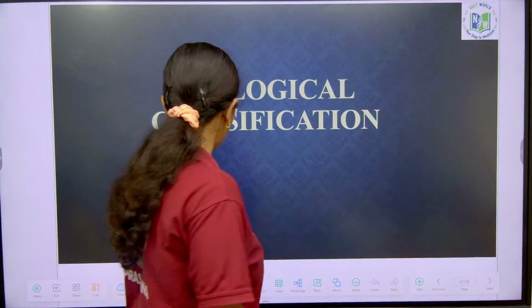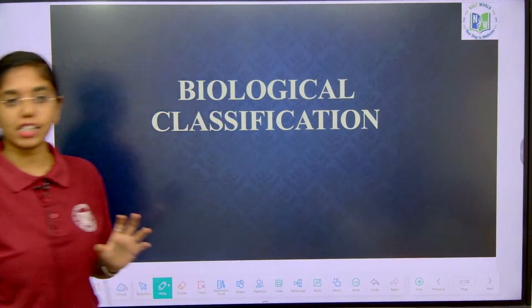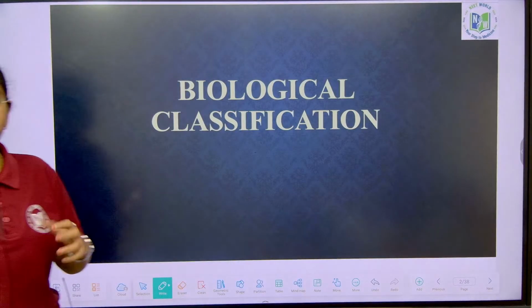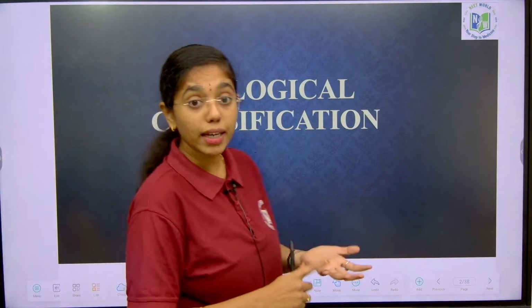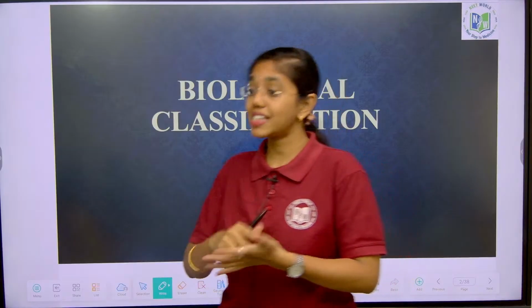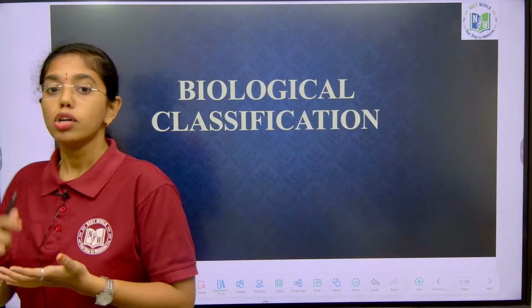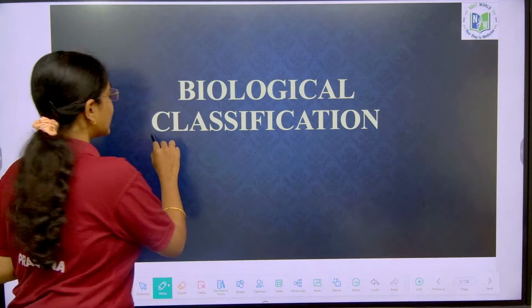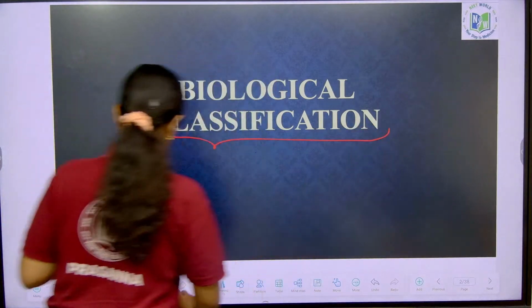First you have to learn the systems of classification. For example, we have 2 kingdom system, 3, 4, 5, 6 kingdom systems of classification. So, first what do we have to learn?